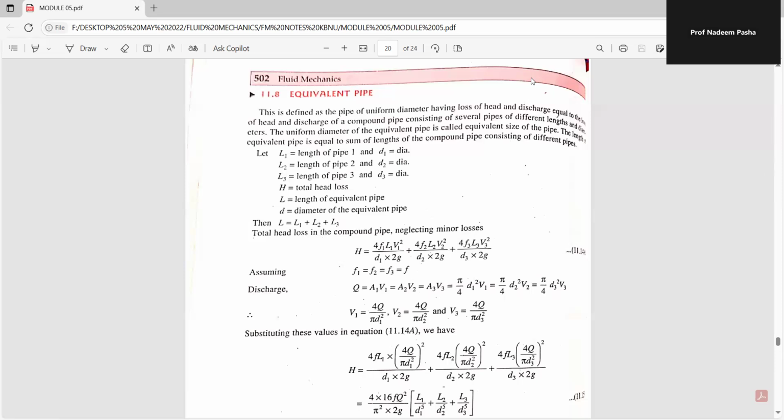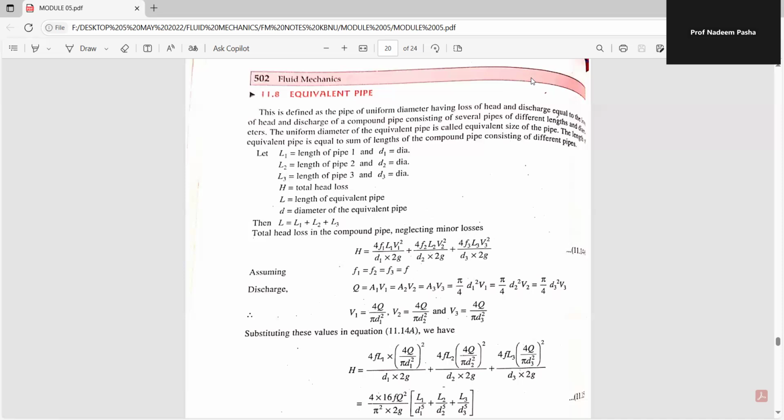The total head loss in the compound pipe, neglecting minor losses, since we are interested only in major losses, is H equal to 4 F1 L1 V1 square by D1 into 2g, the loss of head due to friction in the first pipe, plus 4 F2 L2 V2 square by D2 into 2g for the second pipe, plus 4 F3 L3 V3 square by D3 into 2g for the third pipe.